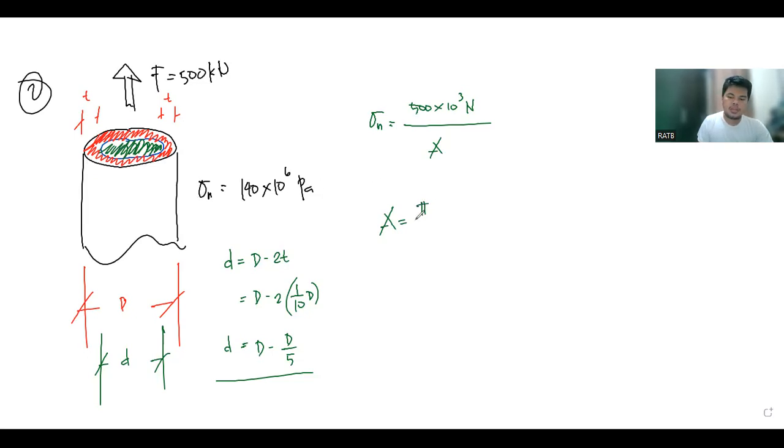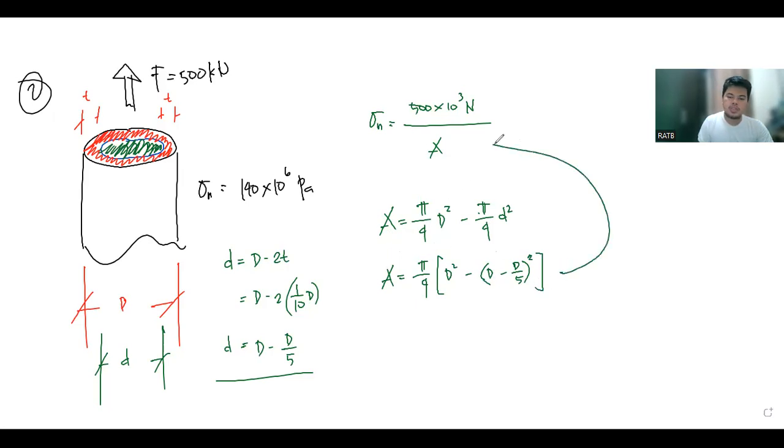With the outside diameter, that's pi over 4 D squared, minus the area of this hollow portion, which is pi over 4 d squared. So the area is pi over 4 times D squared minus d squared, where d is D minus D over 5, squared.